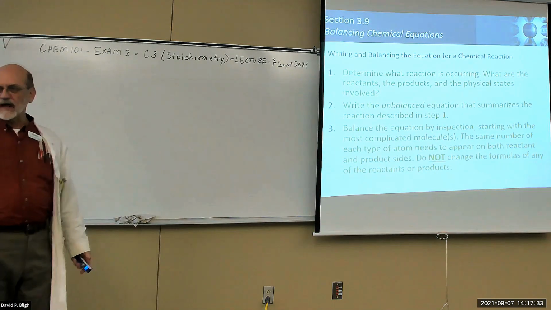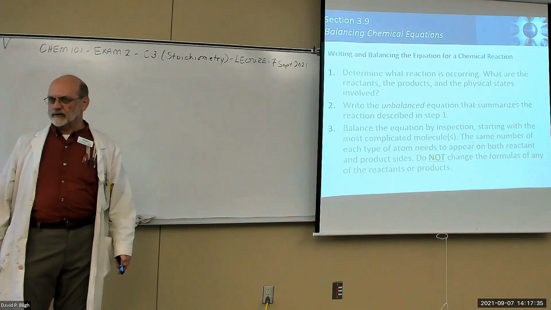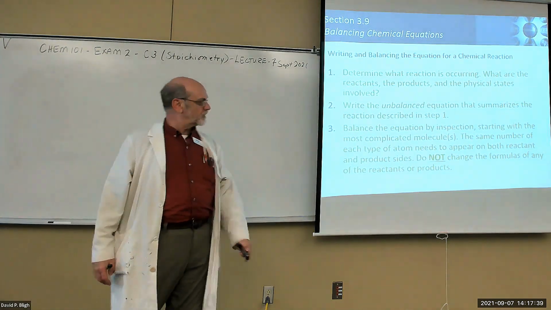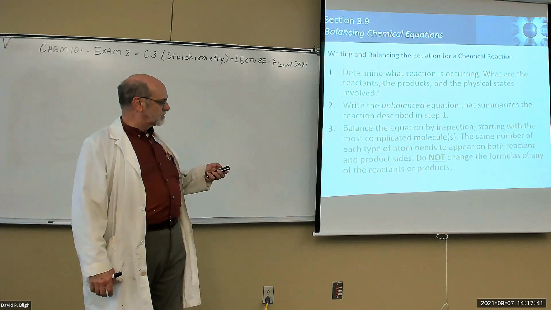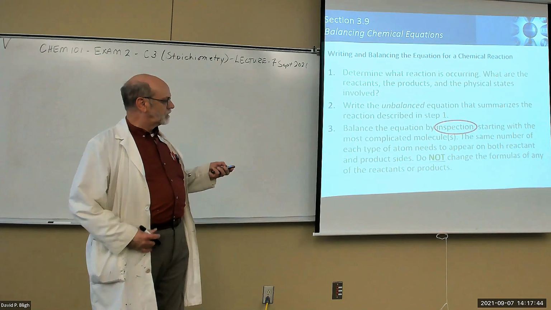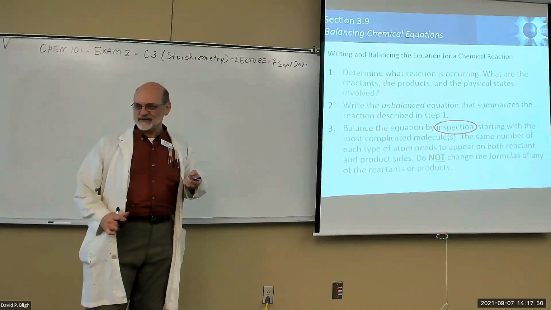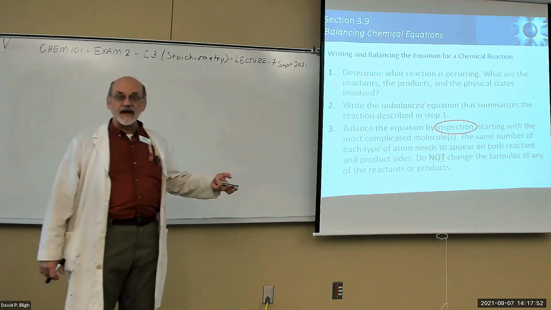Okay, first we've got to learn how to balance equations, though. If you read your textbook, if you read most chemistry textbooks, they will tell you eventually to balance the equation by inspection. I always thought that was a cop-out. They didn't want to take the time to show you how to balance.